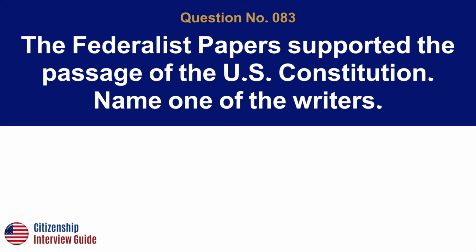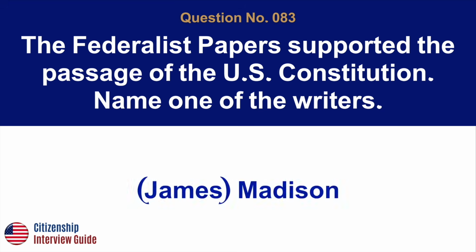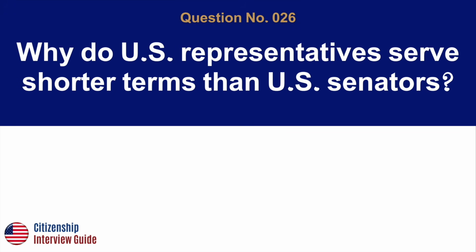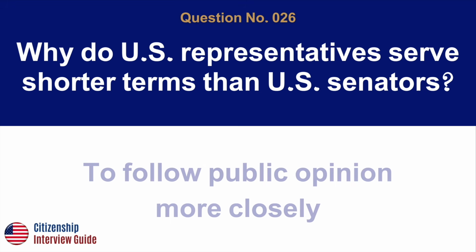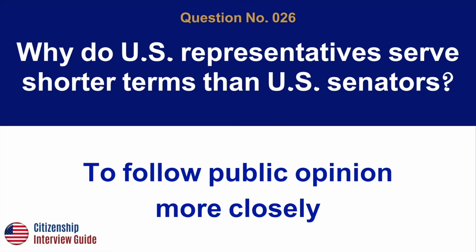The Federalist Papers supported the passage of the U.S. Constitution. Name one of the writers. James Madison. Why do U.S. representatives serve shorter terms than U.S. senators? To follow public opinion more closely.